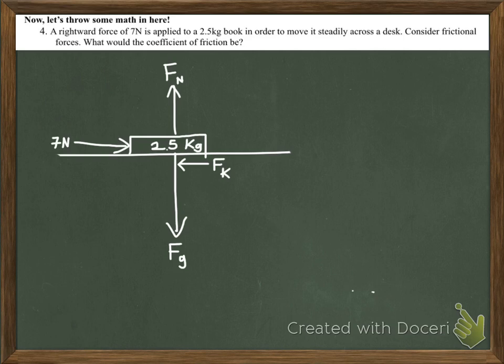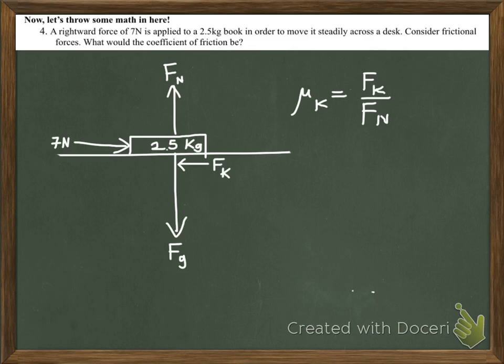The formula that we're going to be using to find the coefficient of friction is mu of kinetic friction equals the frictional force for kinetic divided by the normal force. So the question here is, how do we find what kinetic friction is? Newton's third law states that when a force is applied on an object, the object applies the same force against it.